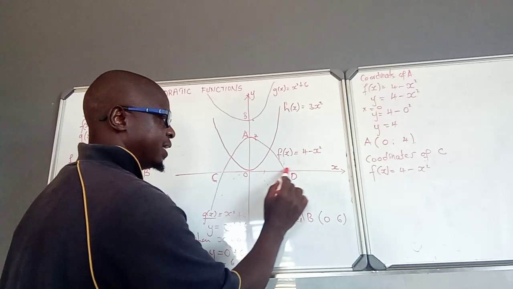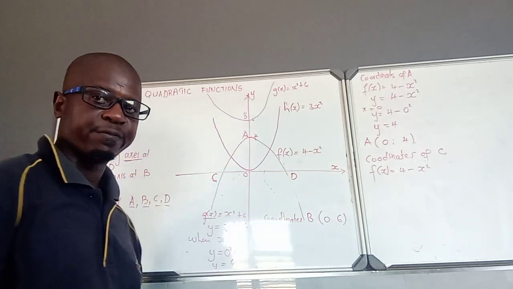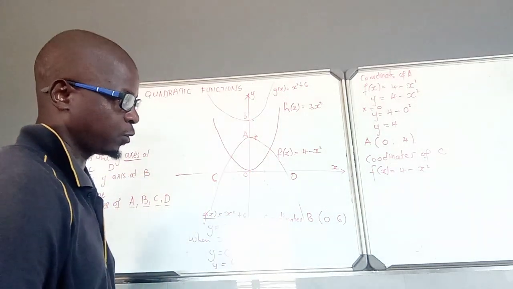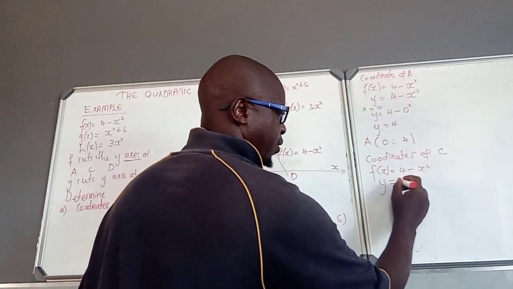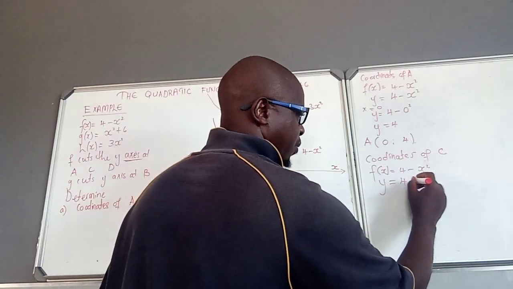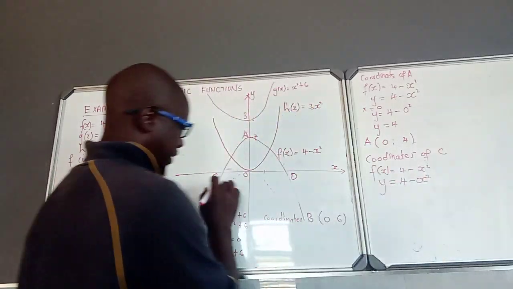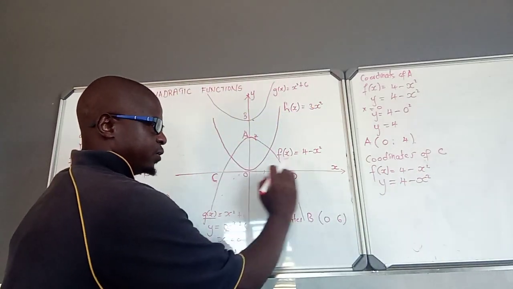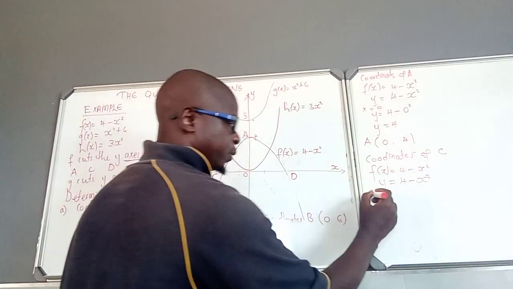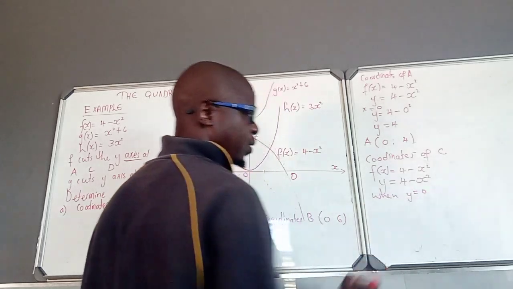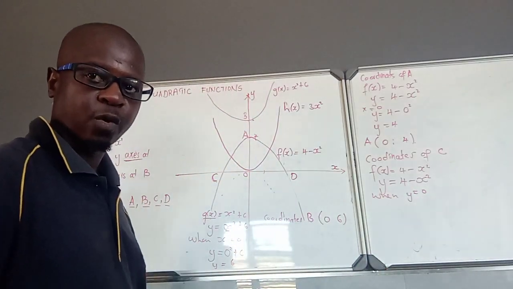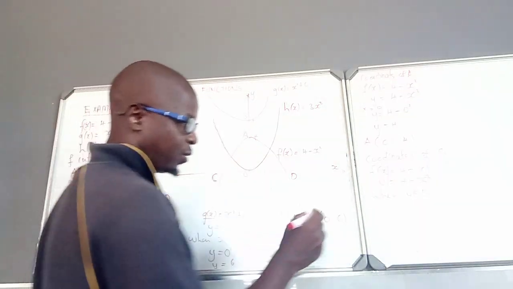So on this line here we have 0, so it means the value of y is equal to 0. So when we change this to a y, we have y is equal to 4 minus x squared. And we are saying on this line here, the values of y are 0. So when y is equal to 0, we are going to find the coordinates of x.